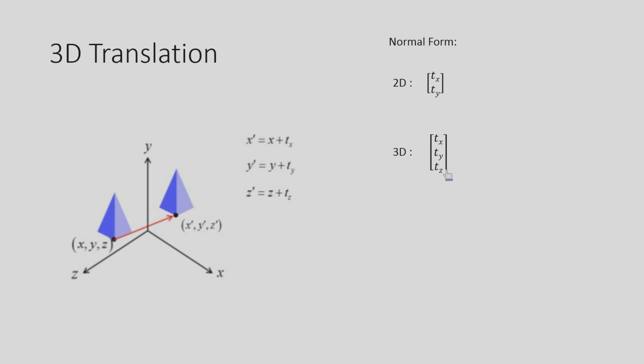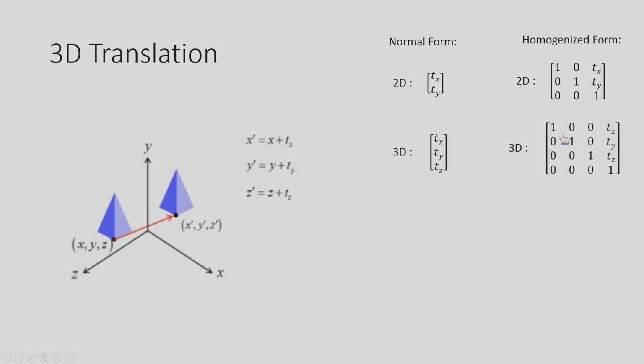But if you remember, we used to have homogenized form of the matrices to solve so many problems. First of all, the matrices are of the multiplicative nature, and secondly, all of them have the same dimension, 3 by 3. So homogenized form of 2D translation was this. And similarly, on the same pattern, we extend this to 3-dimensional system.